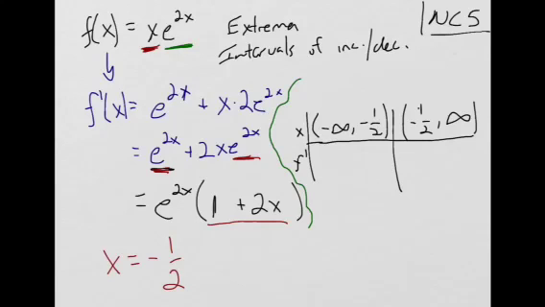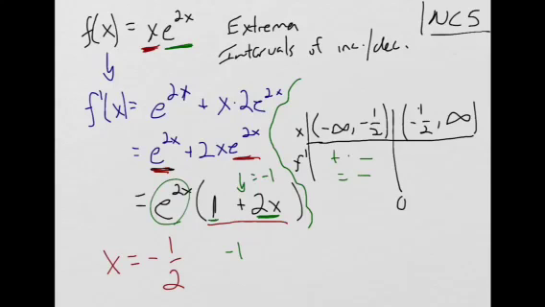I know the derivative is 0 at x equal to negative 1/2. Now I look at what it's like before and after that, plugging in some easy numbers. For example, negative 1. This inner piece comes out to be 1 minus 2, which is minus 1, so I have a positive times a negative, which is a negative.